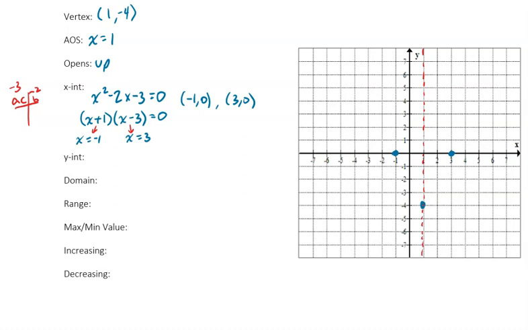Y-intercept is much easier, because if we plug in 0 for all of this stuff, so we got 0 squared minus 2 times 0 minus 3. If you notice, 0 times anything is just 0. So all we're left with is -3. So 0, -3 is our y-intercept.